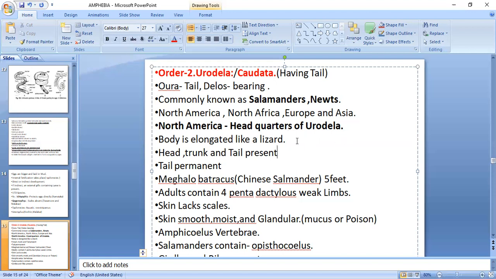And these diagrams, sorry, the body is elongated like a, I'll show some diagrams. Are you able to see these diagrams?